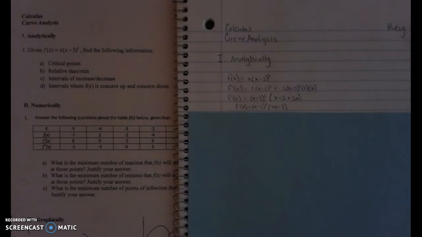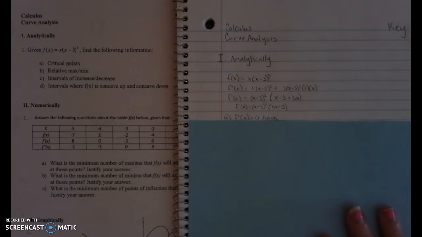I'm going to try to focus this up a little bit better for you guys. We have to remember the critical points are where the derivative of our function is 0 or undefined. So on this function, we don't have any undefineds because we don't have any x's in the denominator.